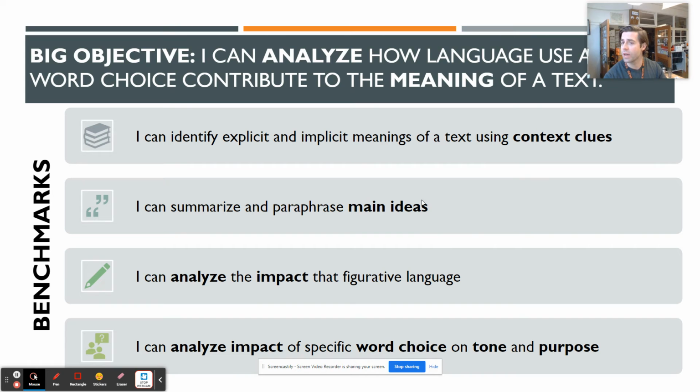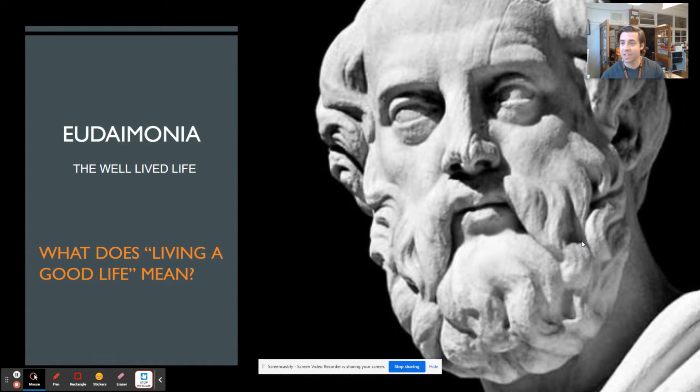In addition to that, we're going to have a thematic element to all of our readings for this unit too, and that is this concept of what does it mean to live a good life? This unit is going to be composed of the best American minds throughout history and their concepts on, hey, we want everyone to be happy, healthy, pursue liberty, all those great things that are guaranteed in our Declaration of Independence.